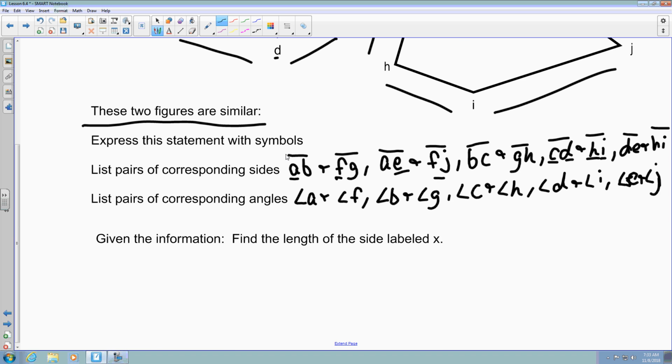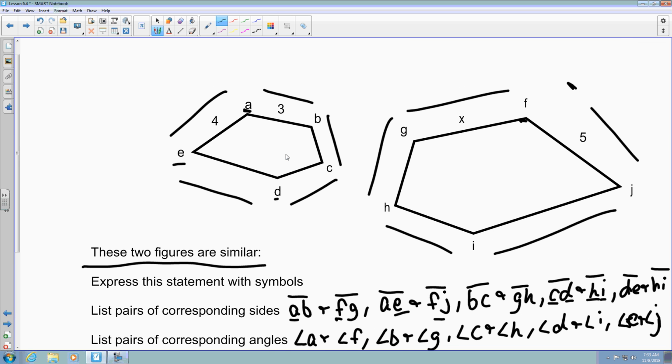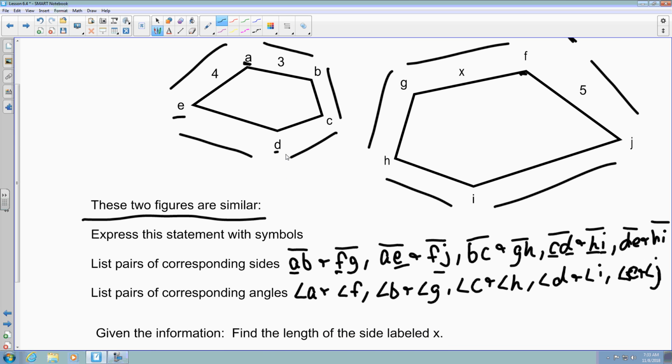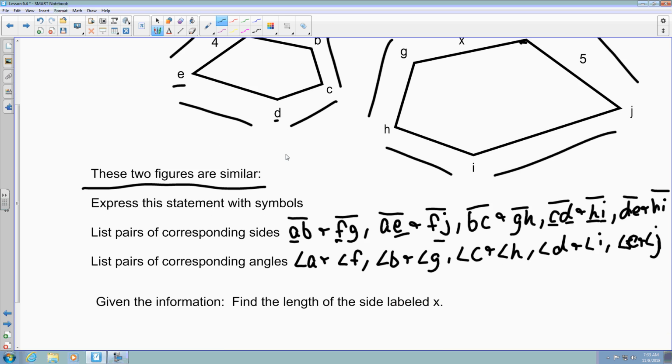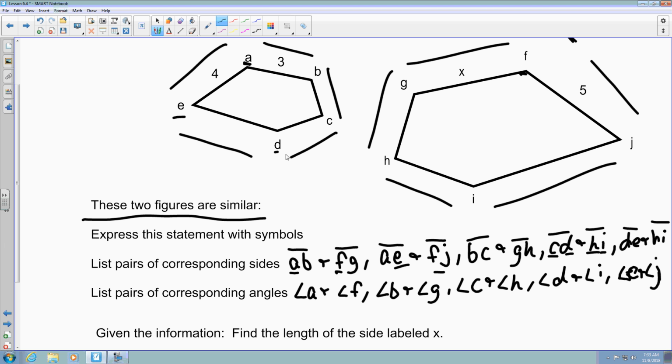And then at the bottom here, it says, with the given information, find the length labeled X. So if you look here, how you would depict this is saying that it's proportional. I said that FG and AB are corresponding. So that means that they are going to share a fraction.